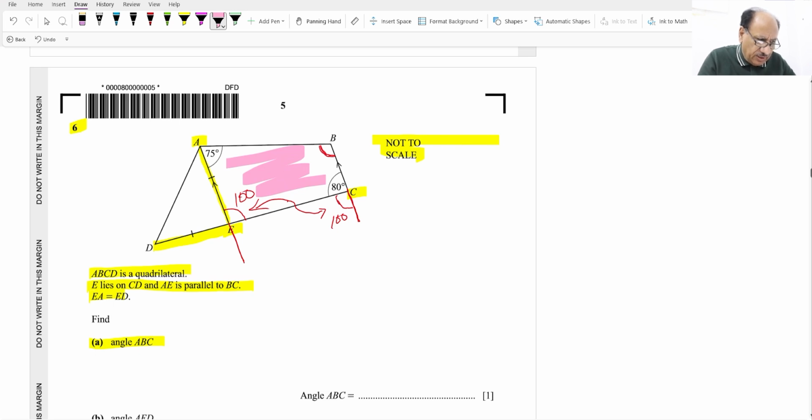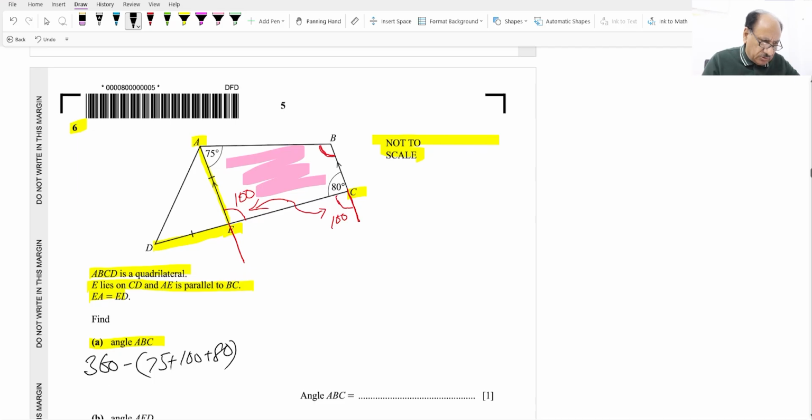we have 3 angles, so we can find the fourth angle also. So how will we find the fourth angle? Subtract from 360. So 360 minus all these angles, 75 plus 100 plus 80.